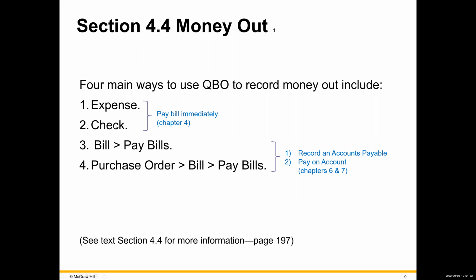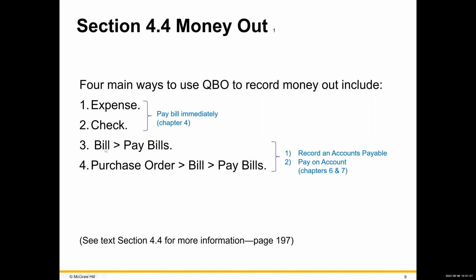Okay, so these are for times when you're making a payment, but you're not running it through accounts payable, right? If you're going to run it through accounts payable, in other words, you record it as a bill and you record your accounts payable, then you're going to use pay bills. And the reason why we do that, we've got to keep track of our accounts payable.